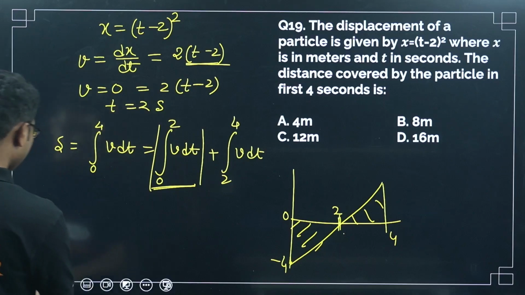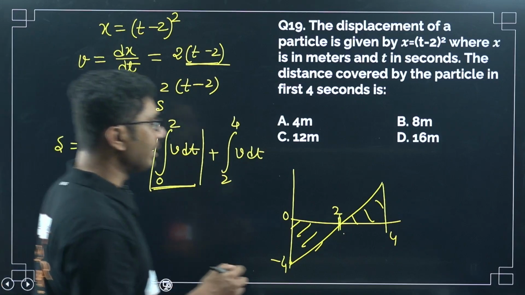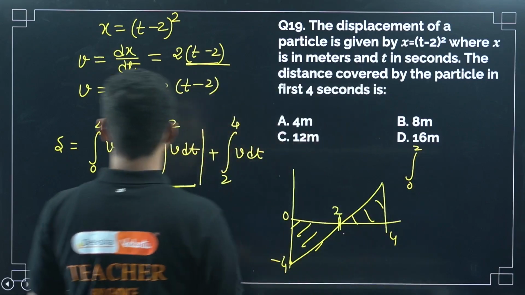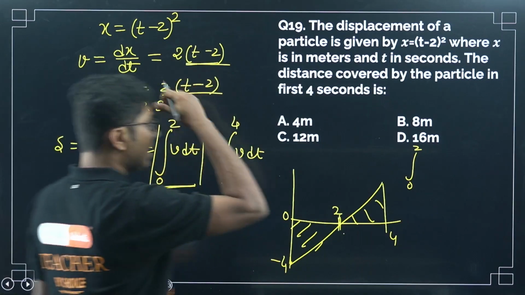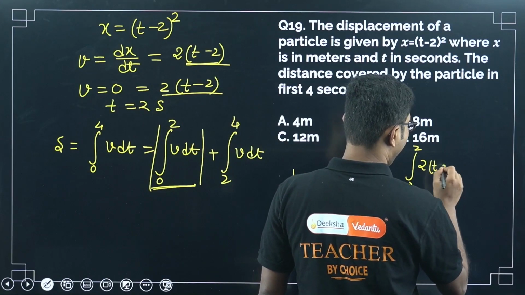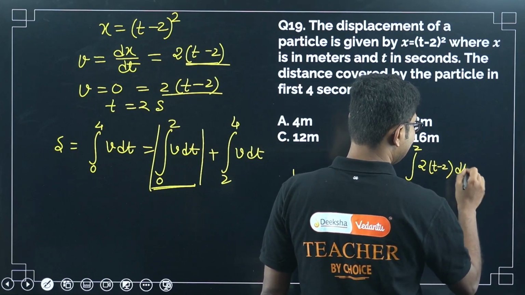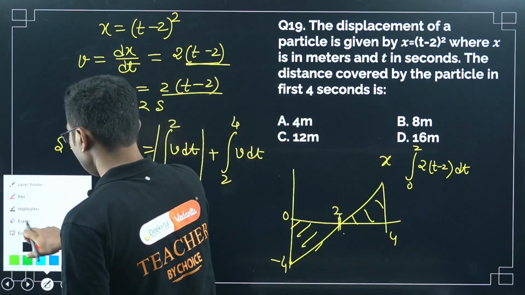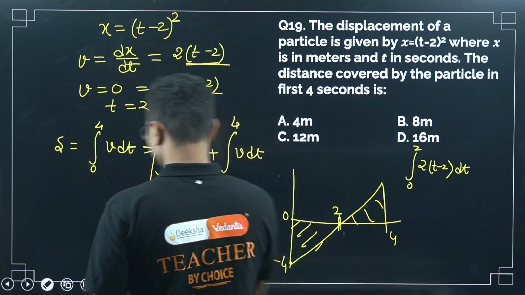Let's first calculate the 0 to 2 integration. So from 0 to 2, what is v? v is 2 into (t minus 2) dt. This is x1 or s1, let's call it s1.